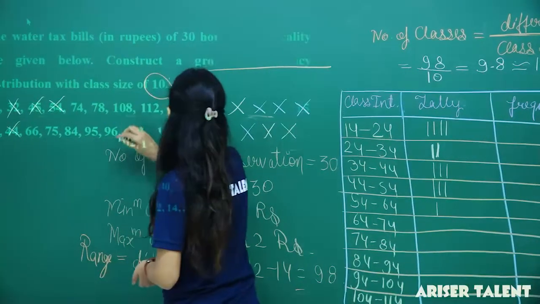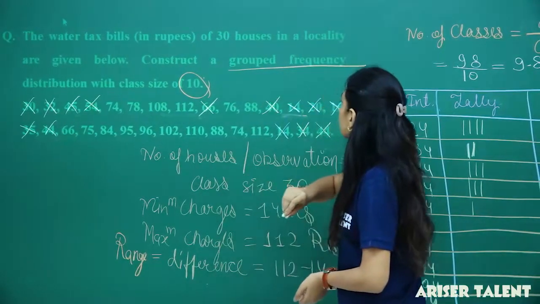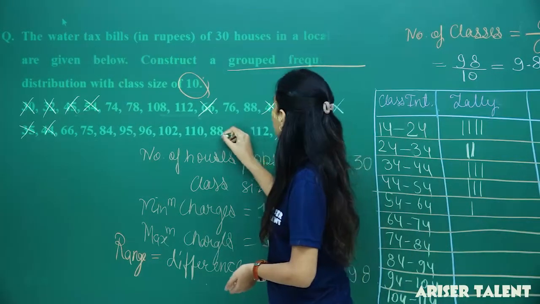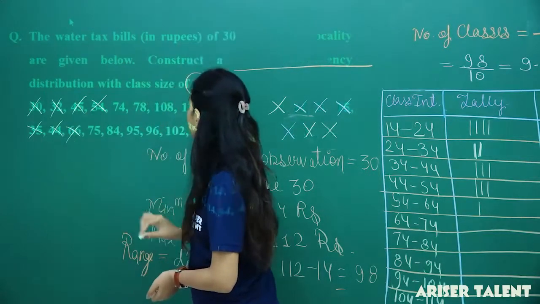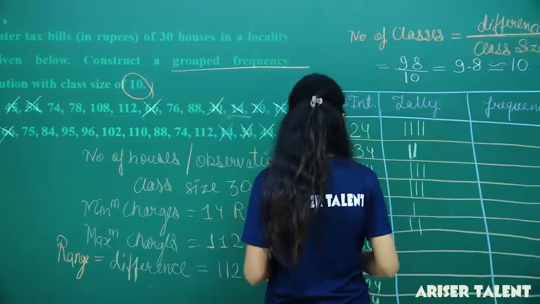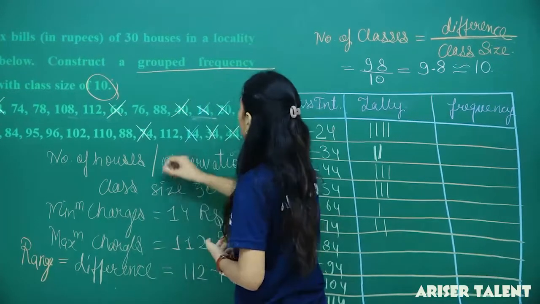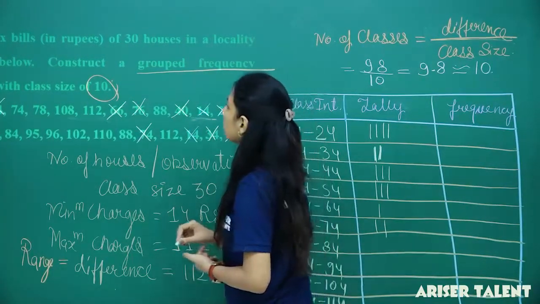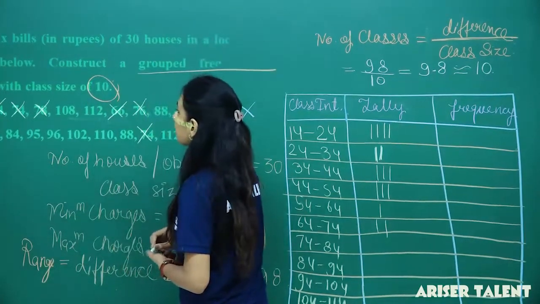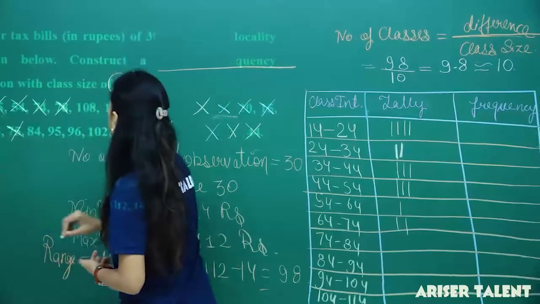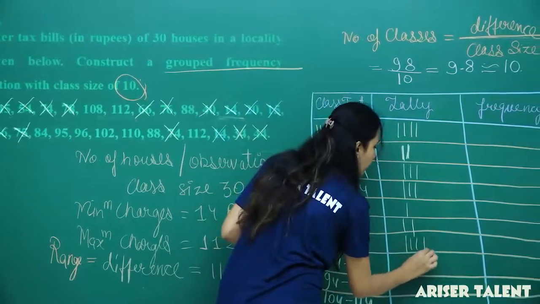Then 64 to 74. So 1, 2. There are 2. Then 74 to 84. So 1, 2, 3, 4 and 5.